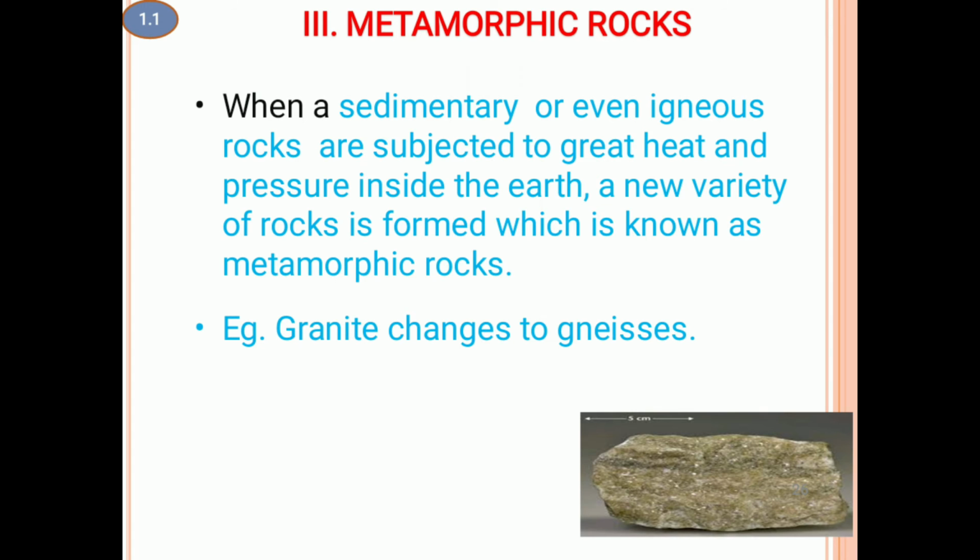Initially the parent may be an igneous rock or a sediment rock, but due to the pressure formed by the accumulation of material over the surface of these rocks, and due to high temperature and pressure, chemical and mineral changes happen in the rocks, and they are converted into a new type of rock called the metamorphic rock.